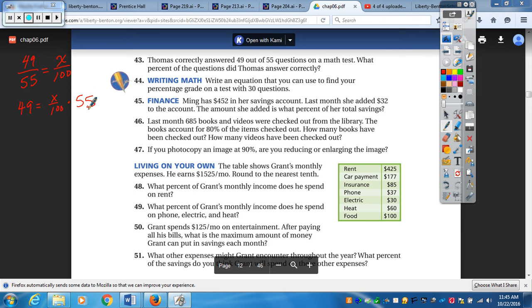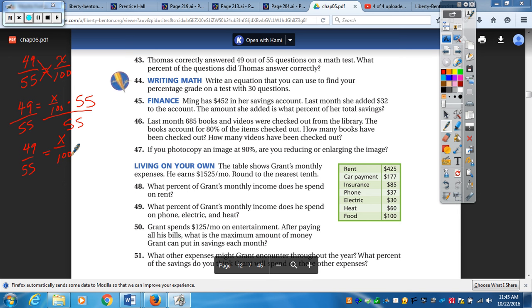These are all the same way you would go ahead and solve them. Obviously, the first one you're going to cross multiply and solve. With the second equation, I would probably divide both sides by 55, and then you're right back to where we were with the first step. I don't care which way you want to do it there. It's up to you.